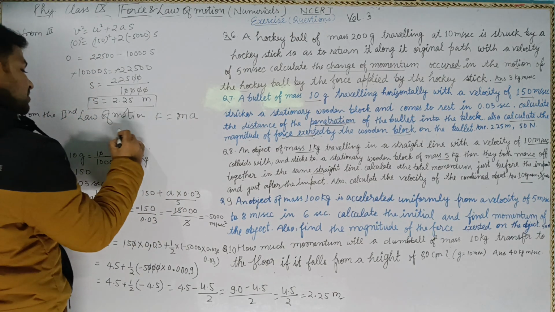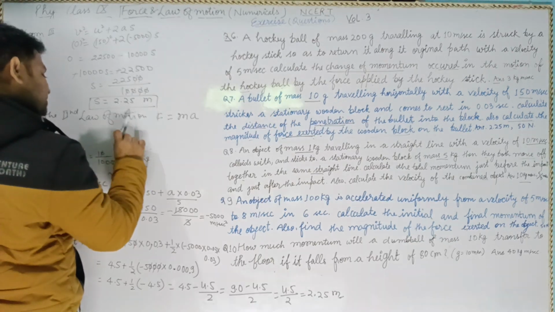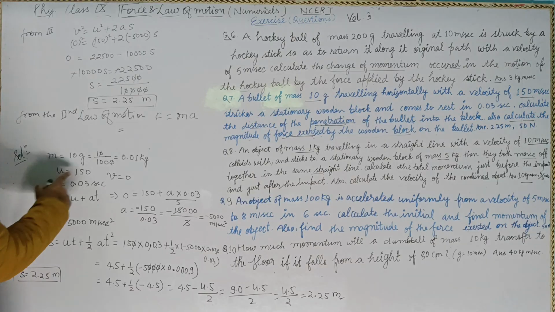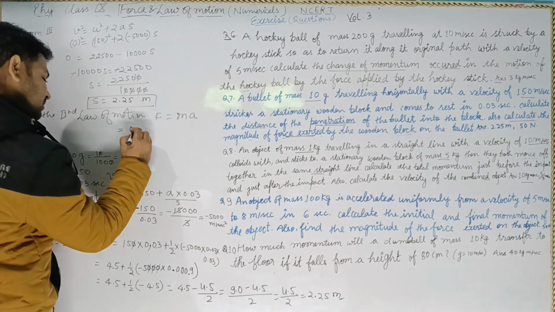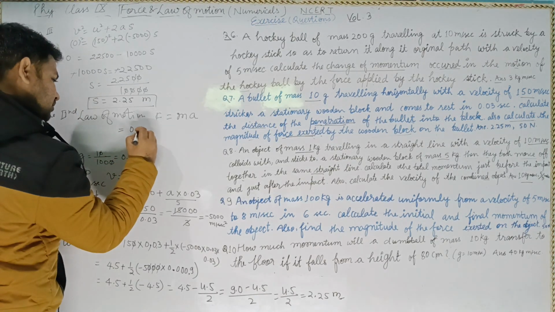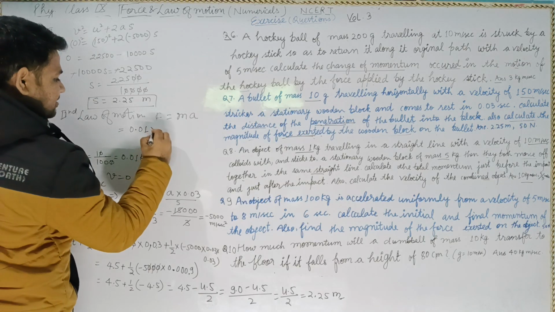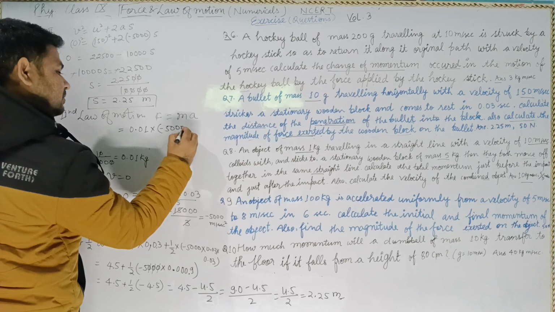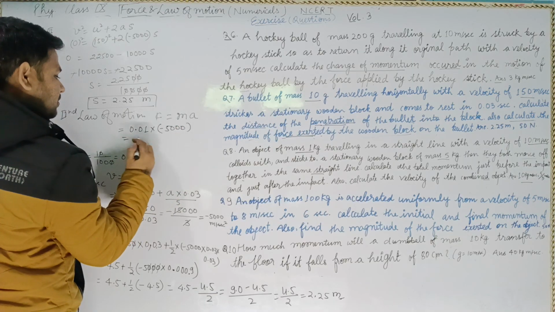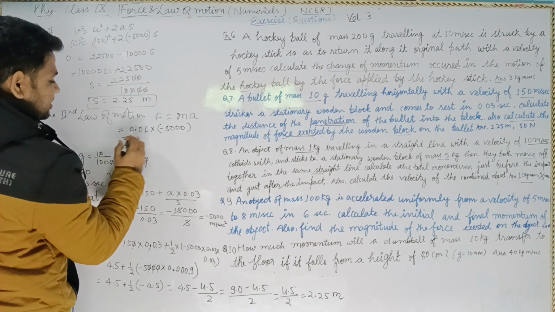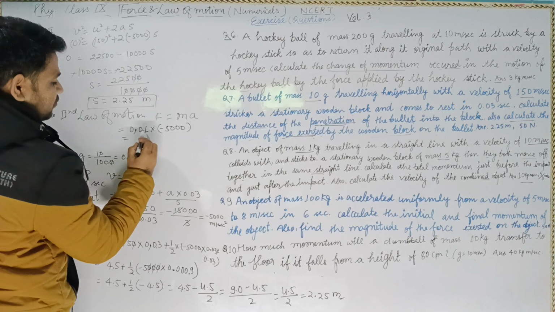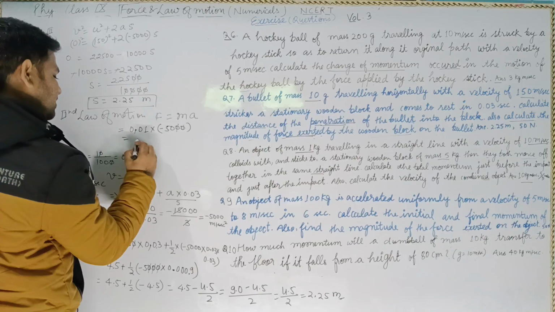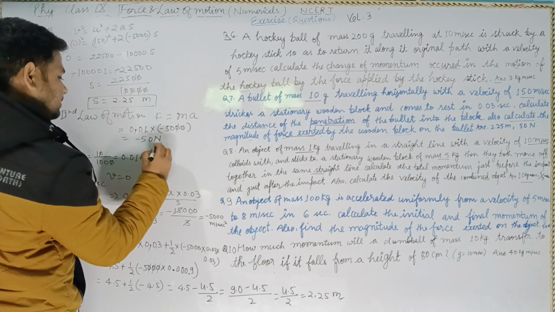We put the values. Mass is given 0.01 and acceleration is minus 5000. We remove the decimal from here, 2 places, and cut 2 zeros. So it is minus 50 Newton.